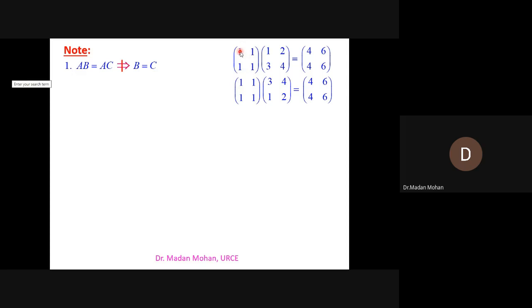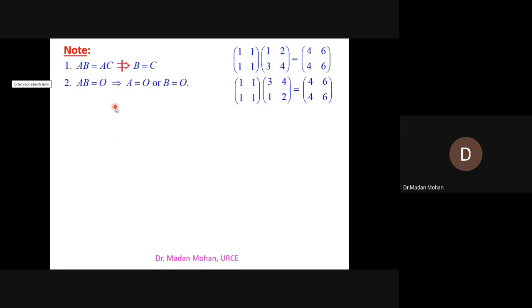A inverse is 1 by (AD minus BC). Here it is 1 minus 1, which is 0. Got it? AB equal to AC implies B equals C is right when A is invertible. Means if A inverse exists, and determinant of A is not equal to 0, only then you will get B equal to C. Okay. Next.